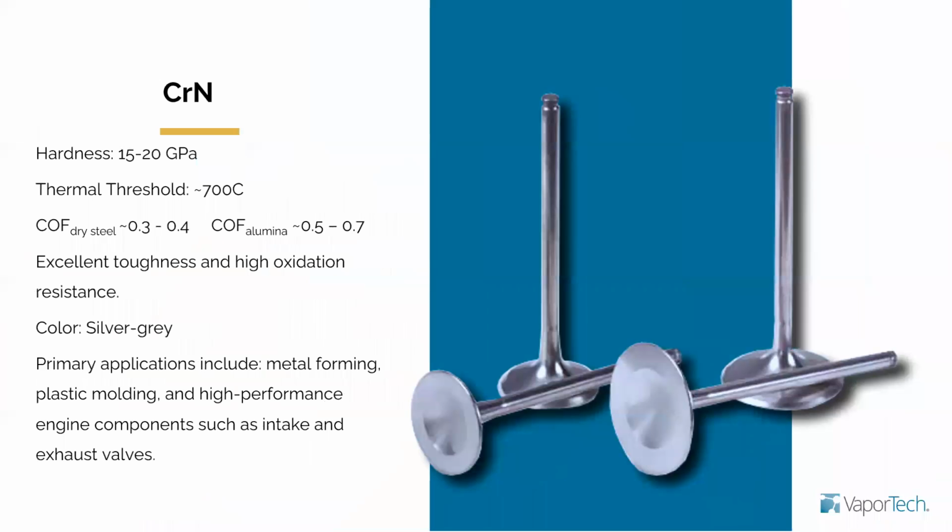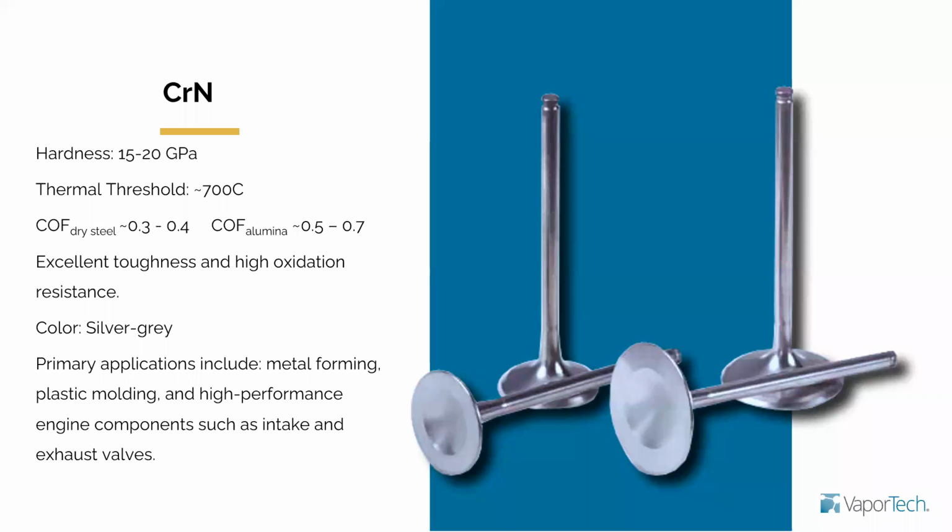Next, chrome nitride. You see on the top that chrome nitride is not as hard as the other two that we talked about, but it has a higher temperature threshold at 700 degrees C, and it has excellent toughness. Again, toughness is not necessarily hardness, it's just the ability to withstand impact and stuff like that.